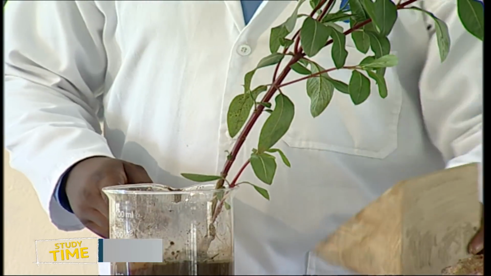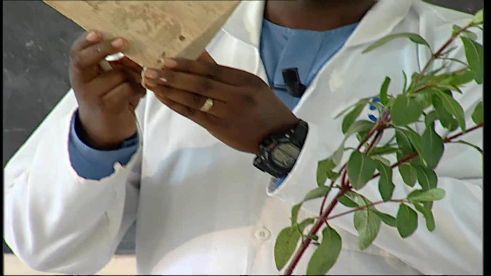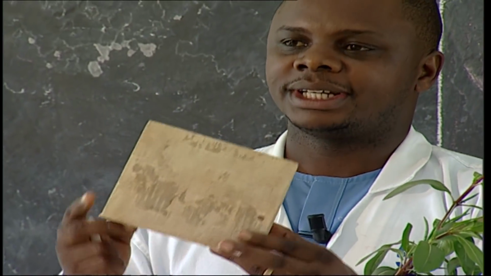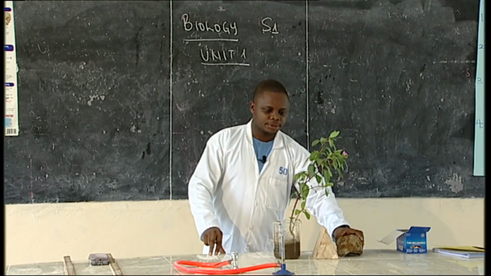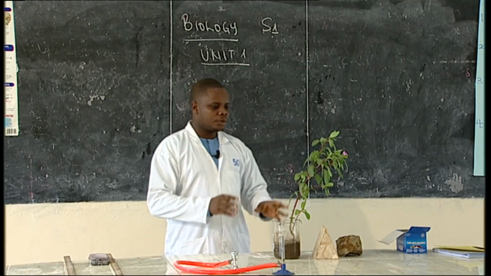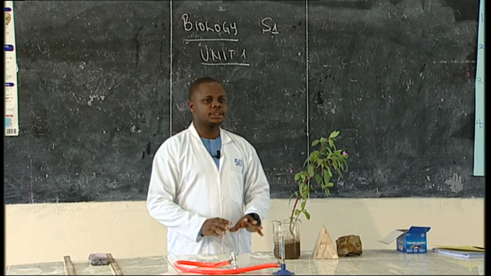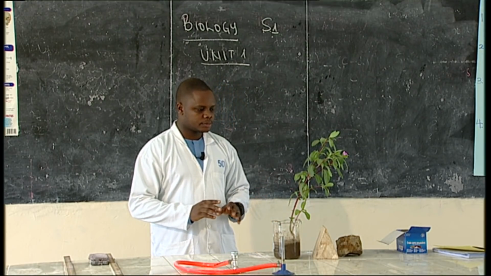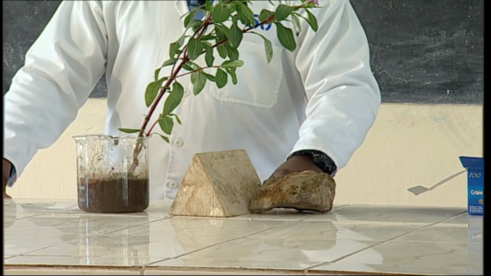I also have this. What is it? This is dry wood. I also have this. What is it? This is a stone. Now, how are these three different objects different?